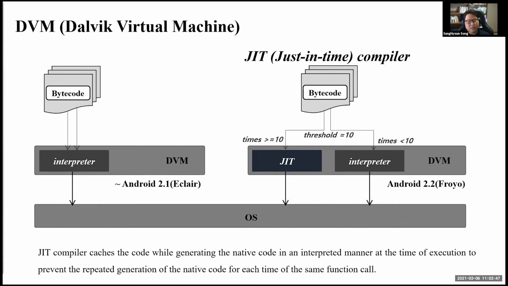As frequently used functions are executed with native code that was created in advance, the performance has increased. This code, however, consumes a large amount of memory. The runtime structure when JIT and interpreter were in place had not changed for a while.